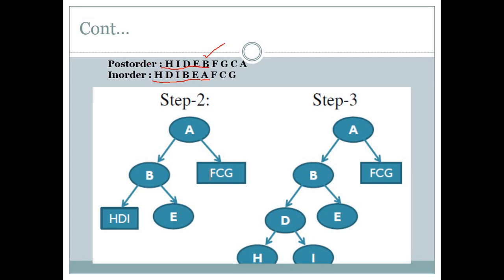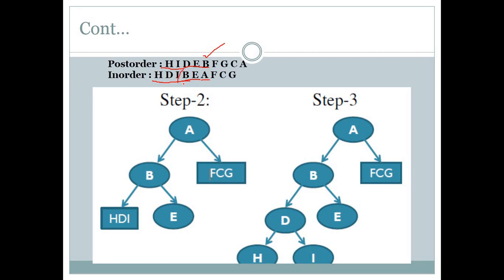In post-order traversal our root will be at the last position, so B will be our root. From A we will put B as the root node of this subtree.